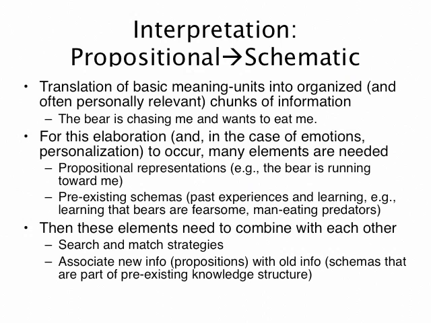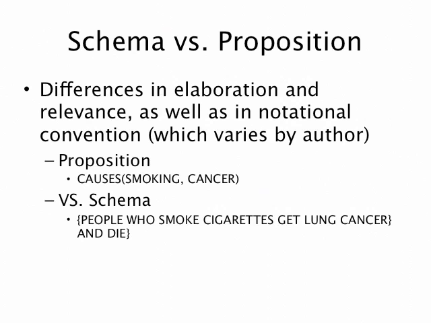So again, you use those searching and matching strategies, taking the new information and looking for anything in the long-term store that is similar enough to it. You associate the new information in the propositions with the old information, which are schemas and probably propositions too, which are part of your pre-existing knowledge structures. And then you come out with a new, highly organized schema to represent what's going on.